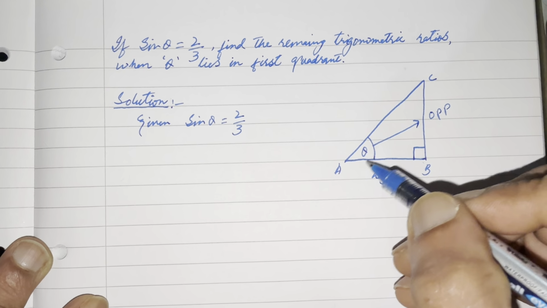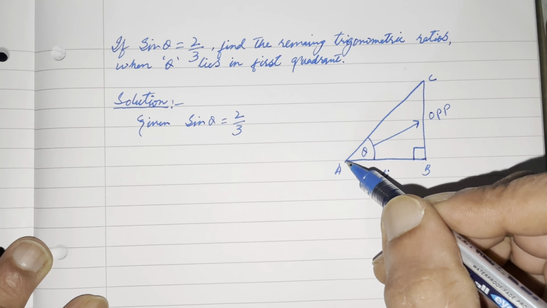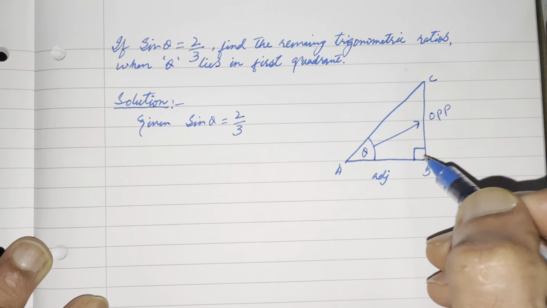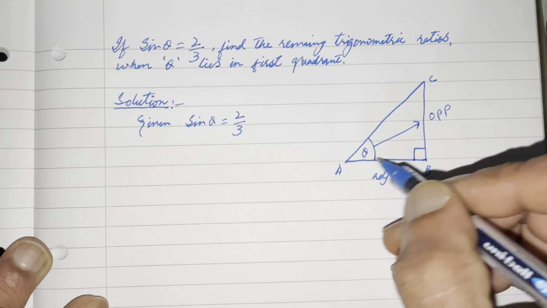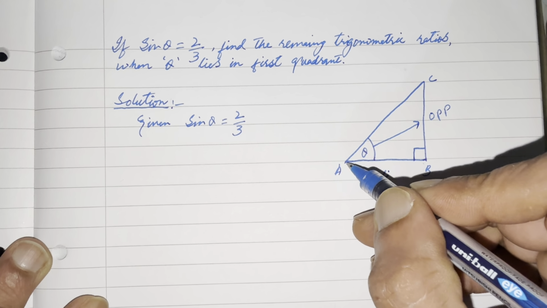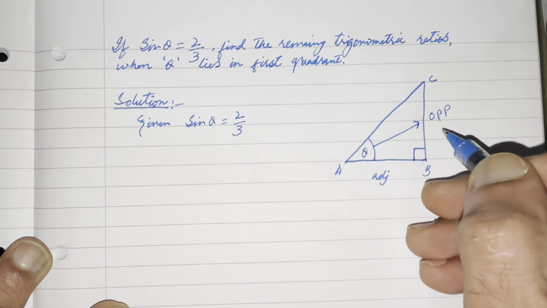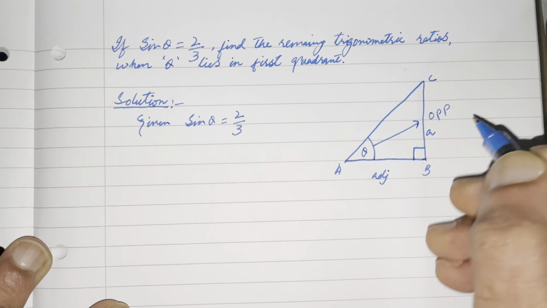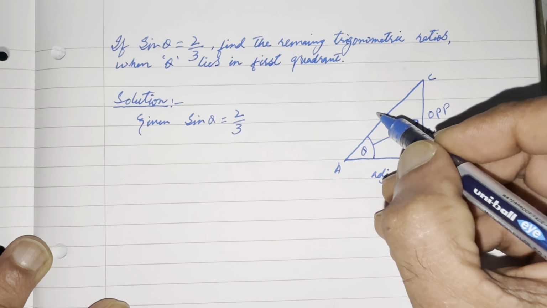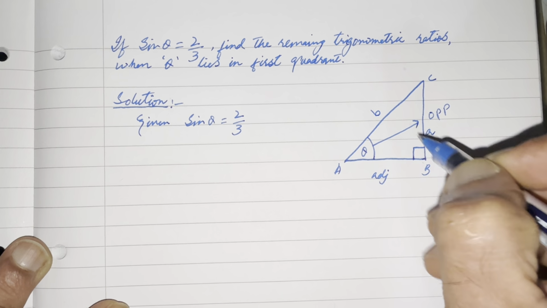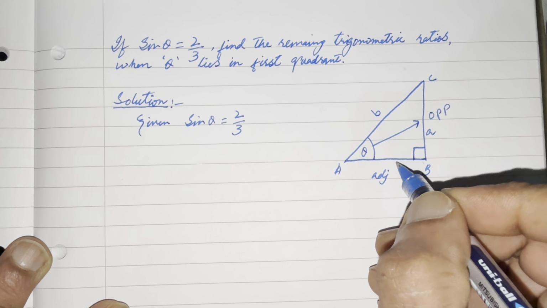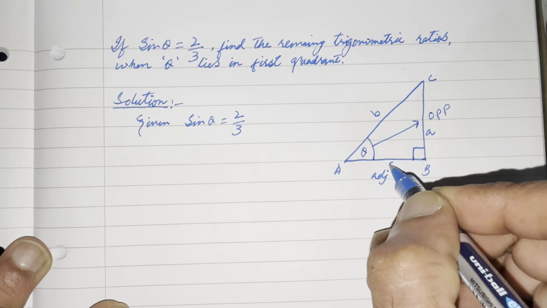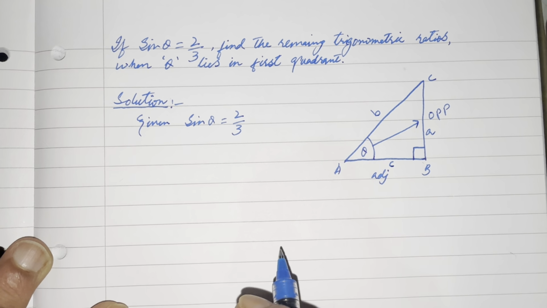The points with capital letters A, B, C show the angles of the right angle triangle, and with the small letters we can say that the side opposite to angle A is small a, the side opposite to angle B is small b, and the side opposite to angle C is represented with small c.